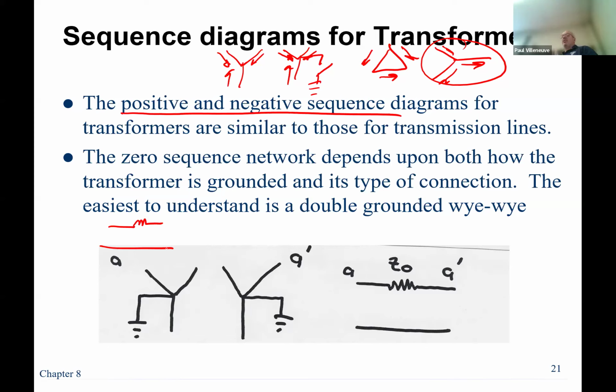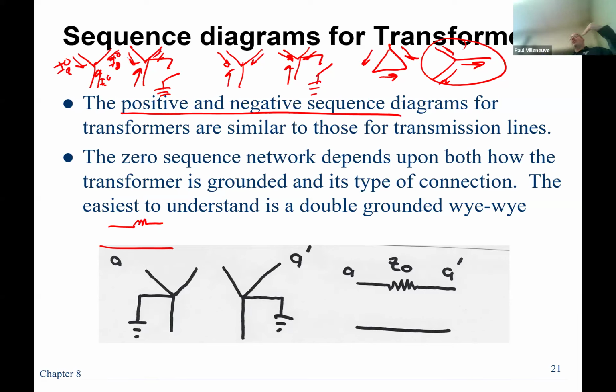Because the zero sequence currents all have the same magnitude and angle, right? So if this has a neutral connection or not, if that connection is open, if this is IA0, IB0, and IC0, if that connection is open, these currents can't flow through there, can they?